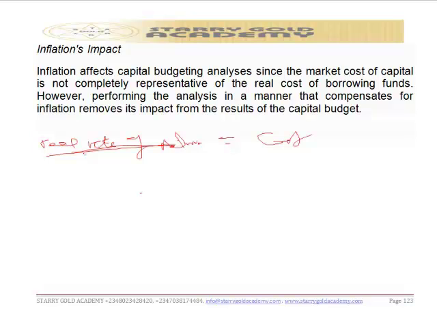For you to be able to remove the impact of inflation in a cash flow, you have to calculate the real rate of return, that is the real cost of capital. It is the real cost of capital you will apply in your capital budgeting when you are calculating your cash flow. Once you do that, you have adjusted for inflation.